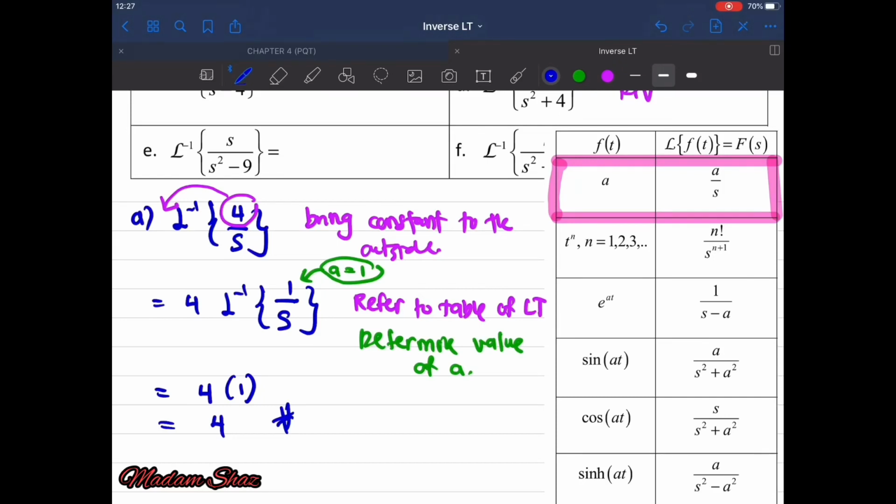The same thing, if you don't bring the constant to the outside here, we can directly determine our a from here, which is a equal to 4. I will teach you to bring the constant to the outside, because when we go for the next example, it is easier for you if you bring the constant to the outside.